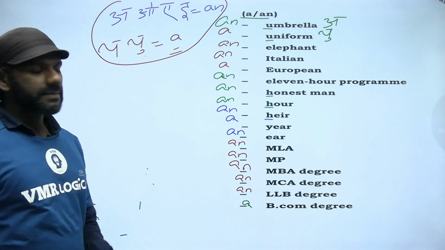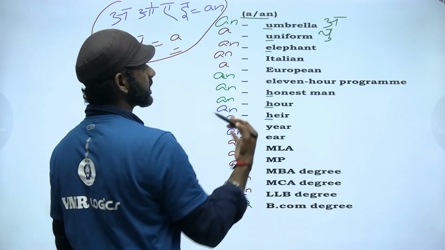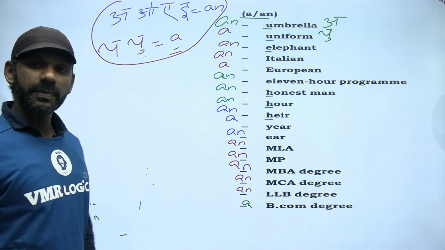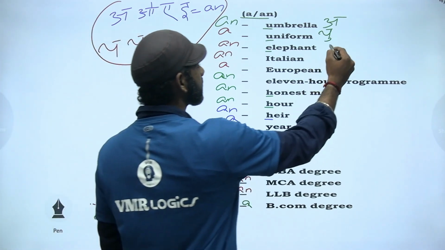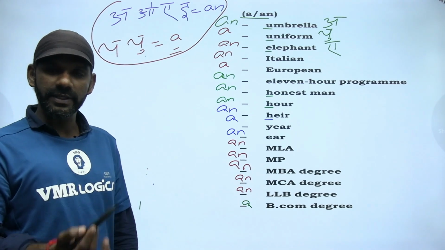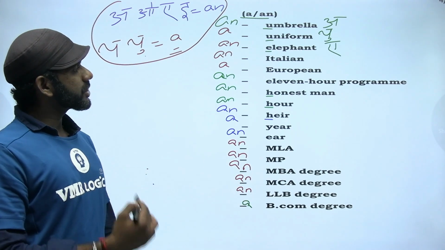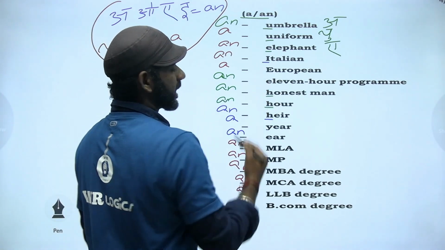Dash elephant. E is a vowel letter. Forget it. This word is pronounced as elephant. The first sound here is A, so it must be an elephant. Dash Italian. I is a vowel letter. Forget it.